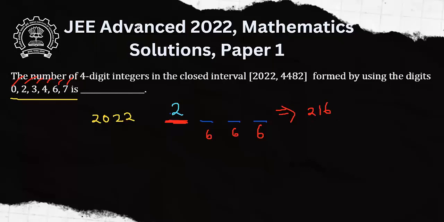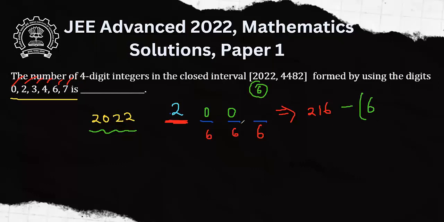But I have to remove the numbers that are less than 2022. So what are the options then? If I place 0 here and a 0 here also, then I have 6 options for this place, so minus 6 of these numbers.